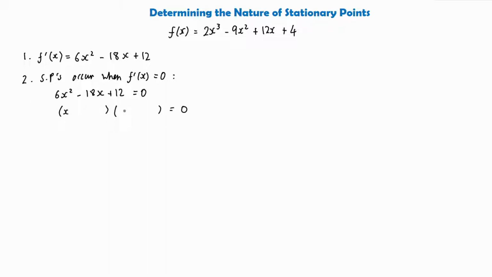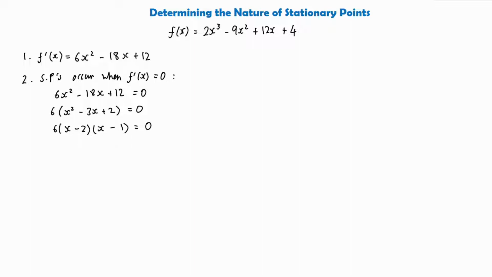We do have 6x squared, so we can actually take out a common factor of 6 here. So we'll do that first, I believe. We'll have 6, and then we'll have x squared minus 3x plus 2. This should make it a bit easier for us to factorize because we'll have 6, and then it looks like we're going to have x minus 2, x minus 1.